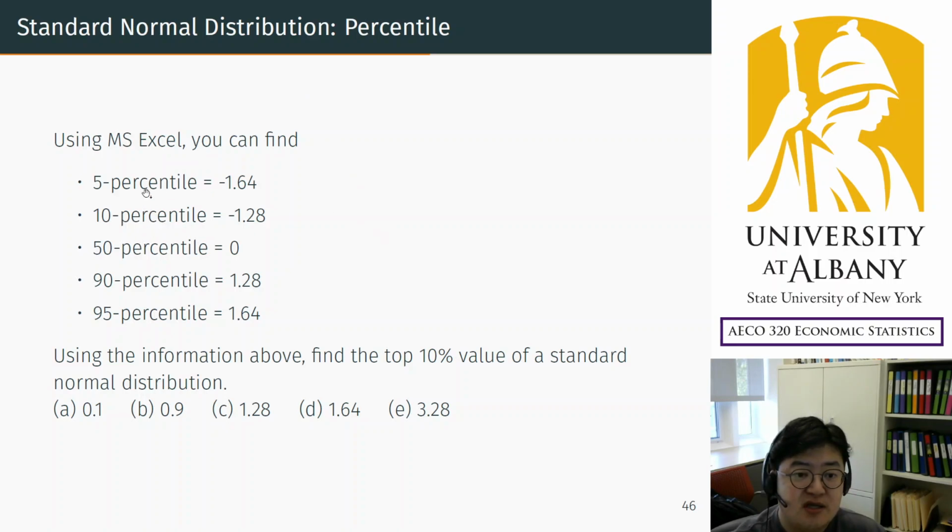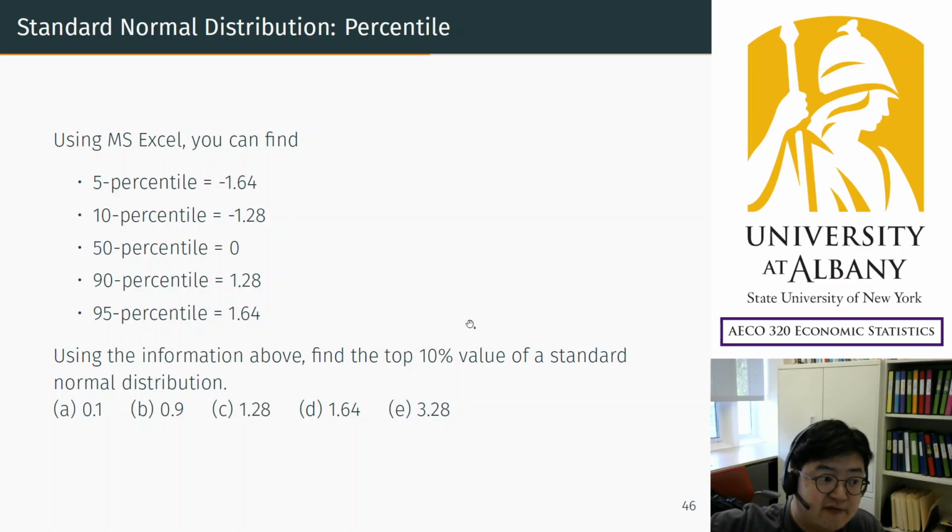Then it is based on percentile definition, counting from the bottom, right? Counting from bottom. So 5 percentile means 5% from the bottom. And 95 percentile is 95 percent from the bottom. But what if you flip the order? Can you find the top 10% value?